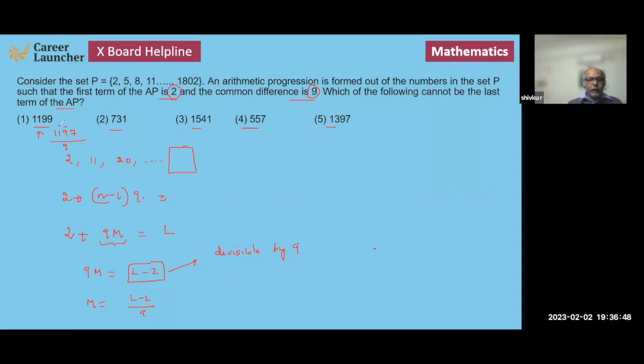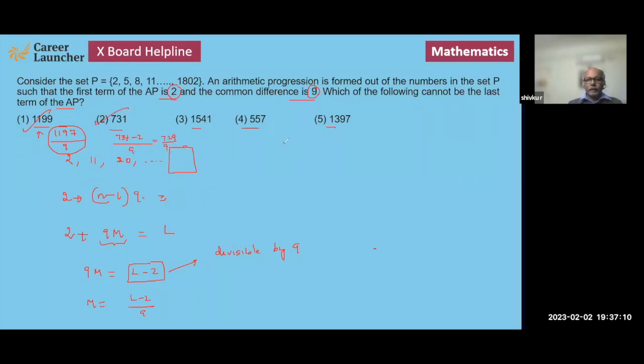Is it divisible by 9? Of course it is divisible by 9. Why? The sum of the digits in the numerator is divisible by 9. Hence, this can be a term. 731 minus 2. I want to know whether this is divisible by 9. This is 729. Is it divisible by 9? Of course, this is divisible by 9.